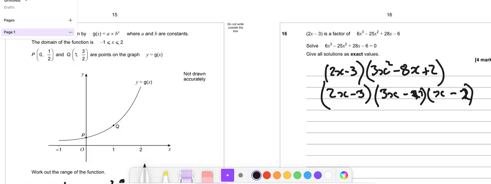So it's going to be plus 2 minus 6x minus 1x is 7x. Okay, so it doesn't look like it factorizes.